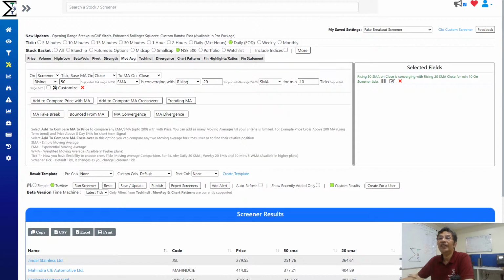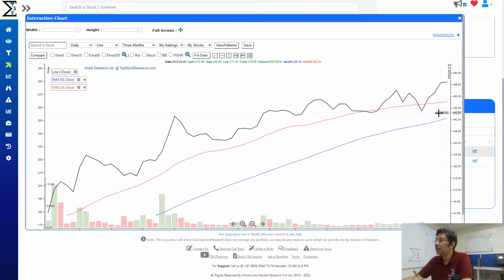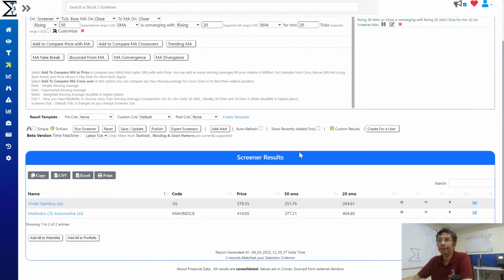For the last 10 ticks. If you increase the ticks maybe to, let's say, 20 ticks, you'll see some better convergence, right? So a rising 20-day is converging with a rising 50-day for at least the last 20 ticks, right? You see that that's a good sign that both are converging towards each other, right? So that means a likelihood of a crossover is happening, right?